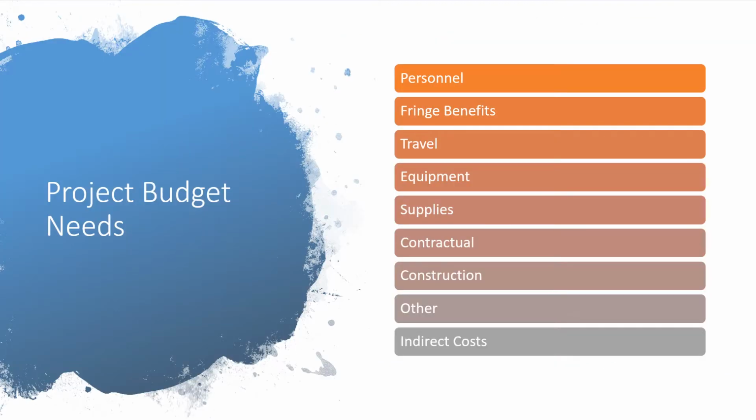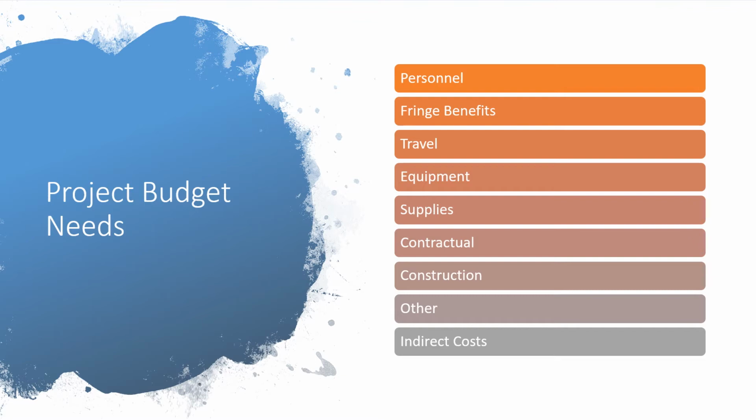So here's a budget outline. Here's the general needs that we typically talk about when we talk about project budgets. Now, of course, you may not have all of these parts to your budget because not all of these things may be relevant to what your proposal plans to do. The biggest: personnel, fringe benefits, travel, equipment, supplies, contractual, construction, other, and indirect costs.